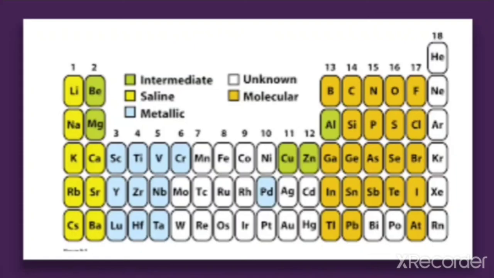And the p block elements form molecular hydride, so the yellow color represents the molecular hydride. And we know that noble gases do not form hydrides, because hydrogen can combine with nearly all the elements except noble gases. Others can all form, as shown in this periodic table.